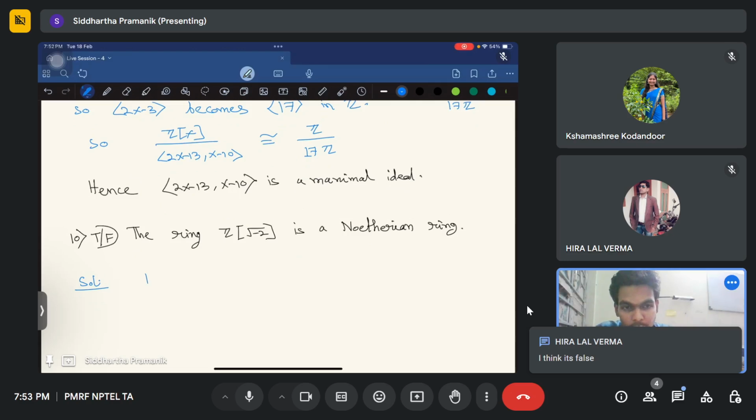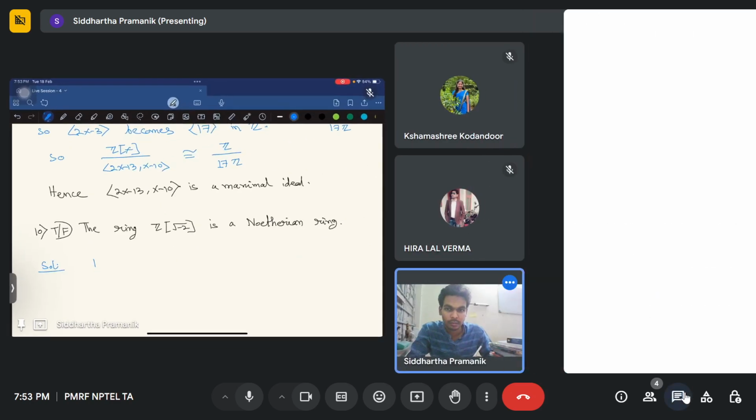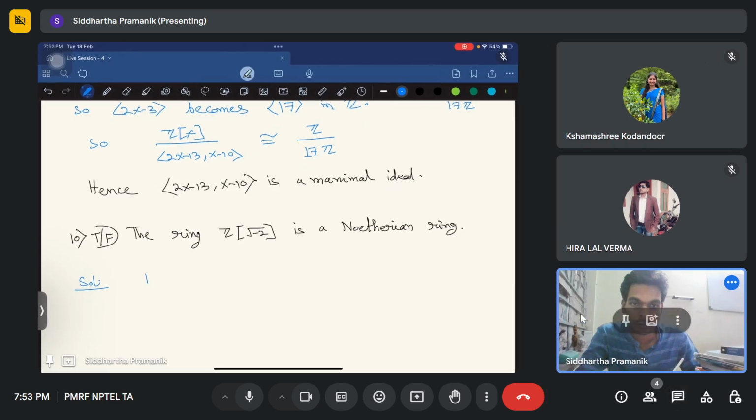Why do you think that it is false? Can you identify any ideal which is not finitely generated, or any ascending chain which does not stabilize?